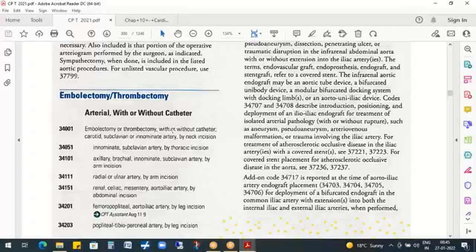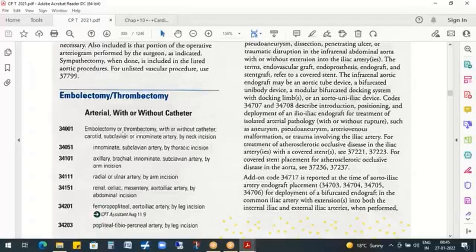There are no rules here, you just need to look for the incision and artery or vein. Okay, mark the codes in your book. First, what do you look for? Type of incision. Next one is artery or vein.